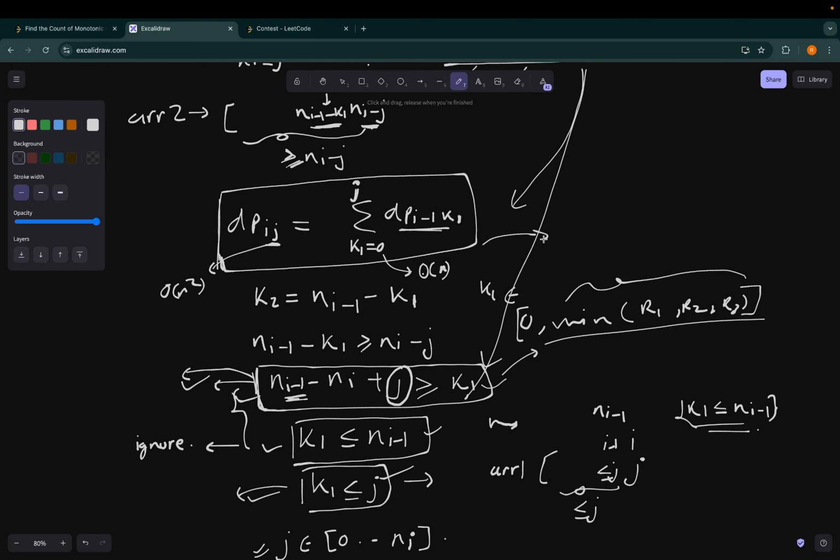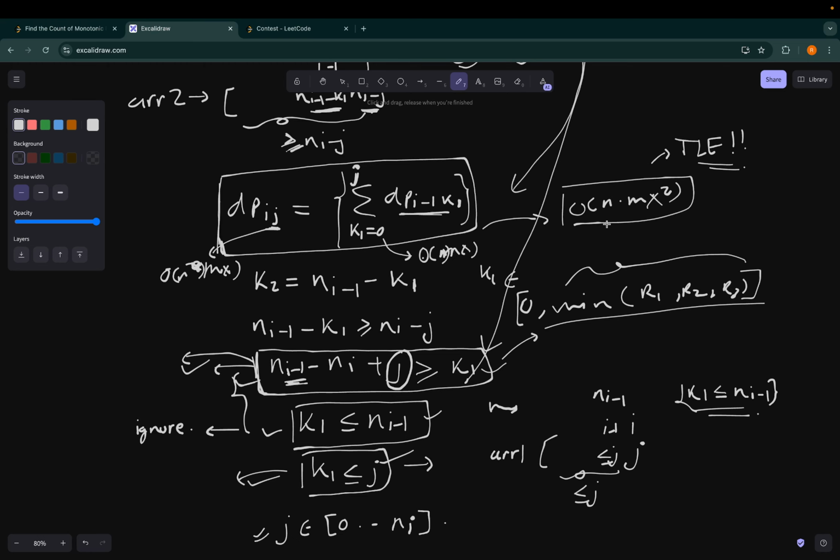So complexity would be O of n into max square. So this is O of max, this is O of n into max, right? Because you're still running one more loop over here. So complexity is still O of n into max square, and this will give you TLE.